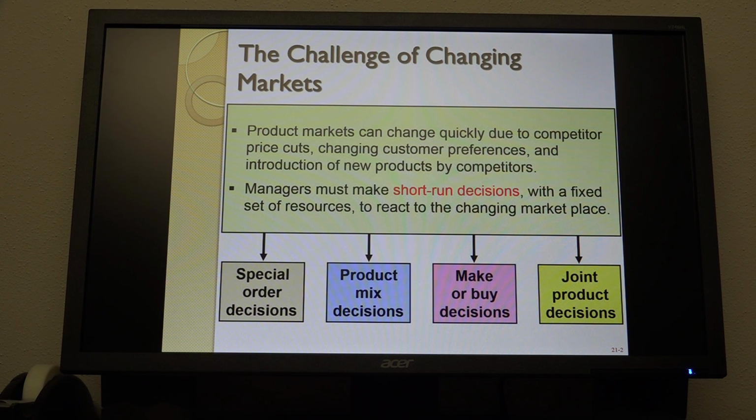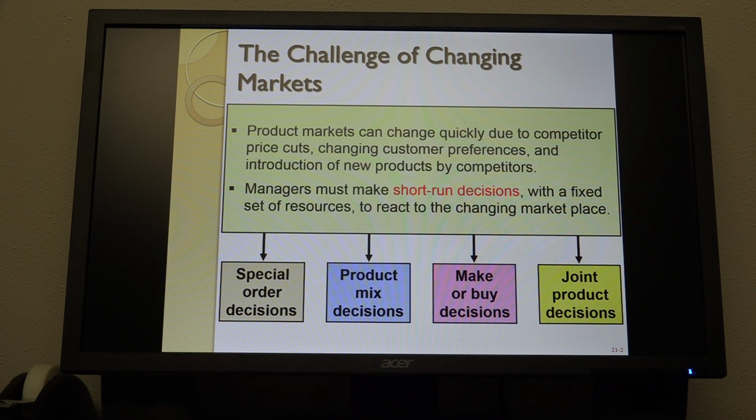We make decisions in business such as the following: special order decisions. Somebody comes in and wants us to make a special order. Should we accept it, or should we use that capacity to do something else? Product mix decisions.